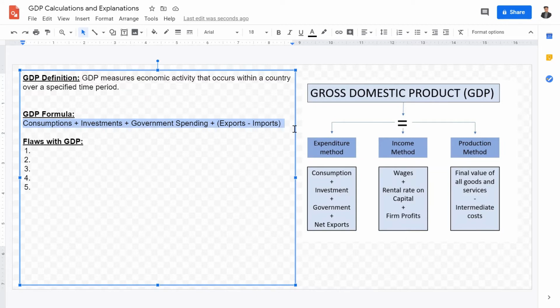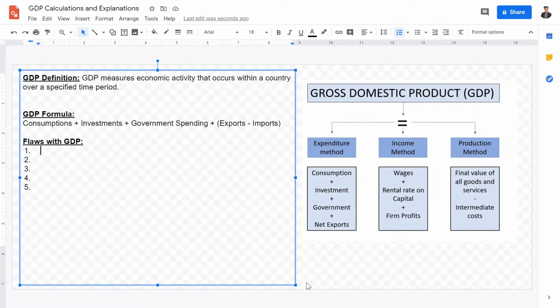So the higher the GDP figures, the more economic activity is occurring. And GDP figures, of course, come from increase in consumption, investment, government spending, exports minus imports. This is the most common method, the expenditure method that most people recommend. However, there is also the income method and the production method. Now, why are these three methods all theoretically equal?